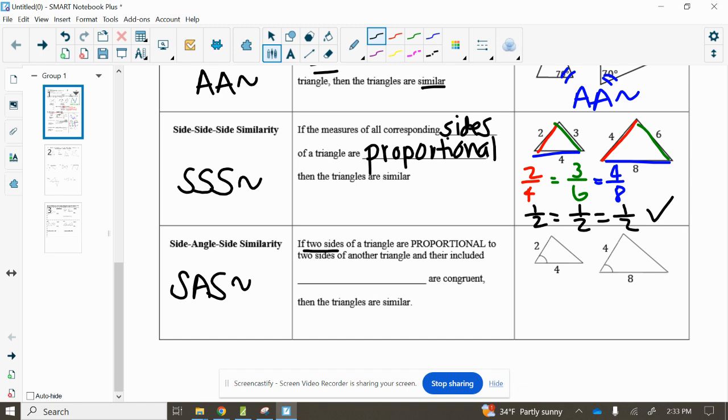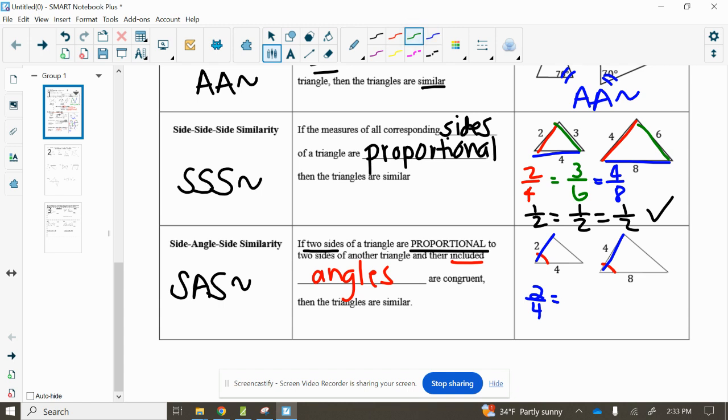Last but not least, we have side-angle-side similarity. So again, if 2 sides of a triangle are proportional to 2 sides of another triangle and their included angles are congruent, then the triangles are similar. So notice in this one we have those included angles marked congruent, and then 2/4.